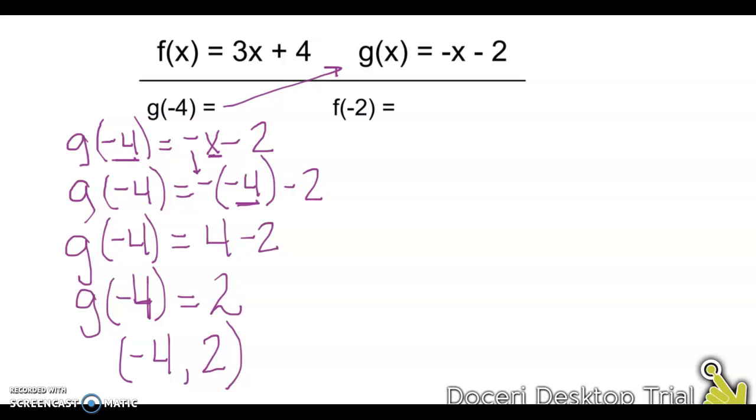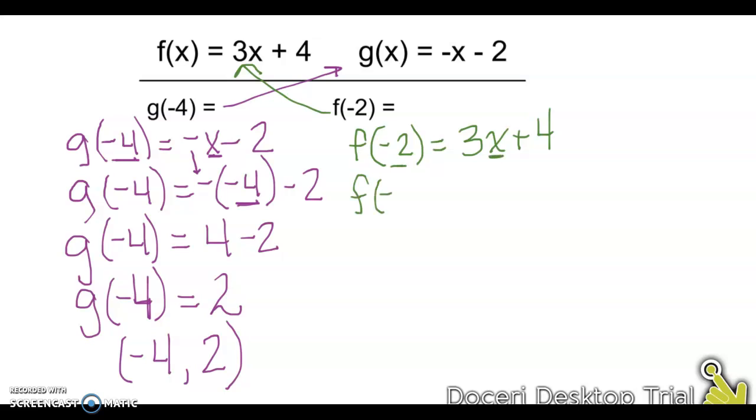Let's do the function f this time. So we're going to be looking at this function. So f of negative 2, the function f evaluated at negative 2, is equal to, here's our function. And this just tells me to put negative 2 in for x.